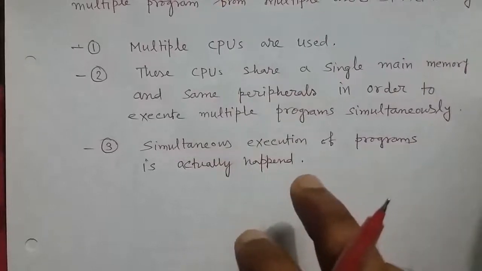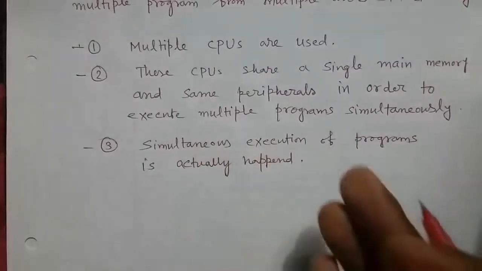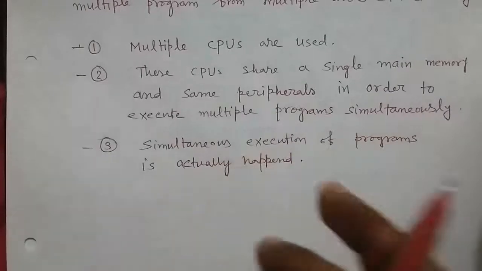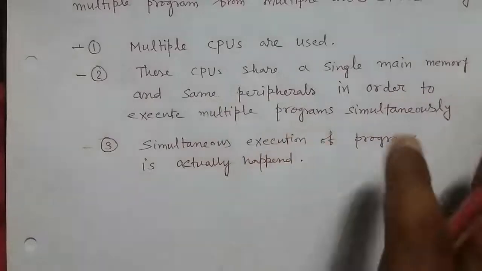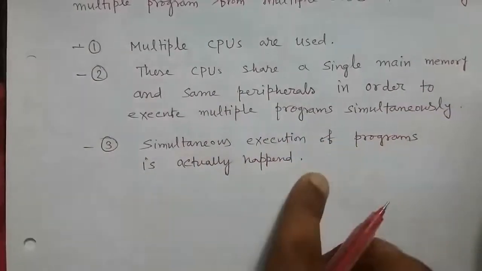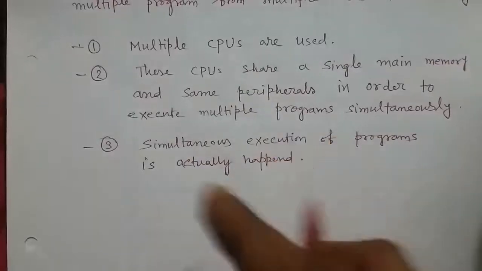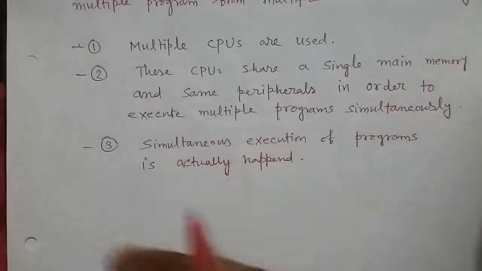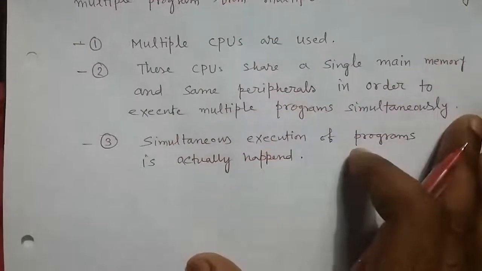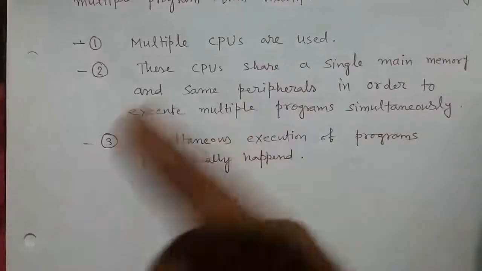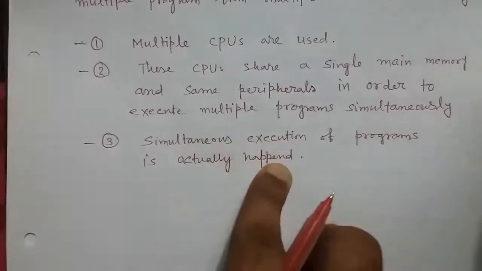The users have an illusion because the operating system switches one job after another very fast. That's why that illusion occurs in the mind of multiple users, that their programs are getting executed at the same time. But in multiprocessing, as there are multiple processors, simultaneous execution of programs actually happens.